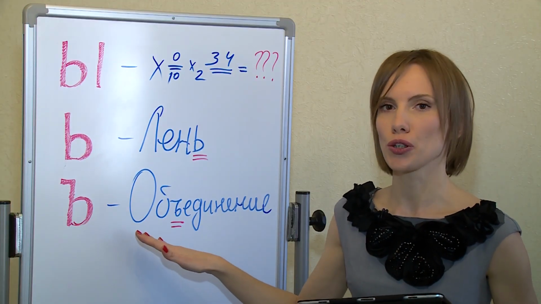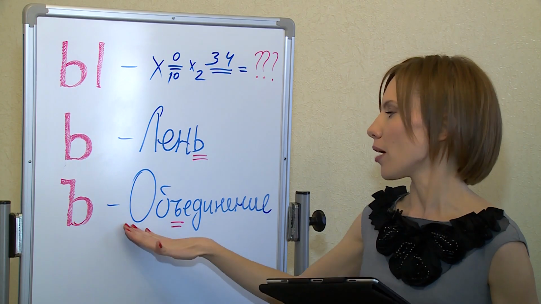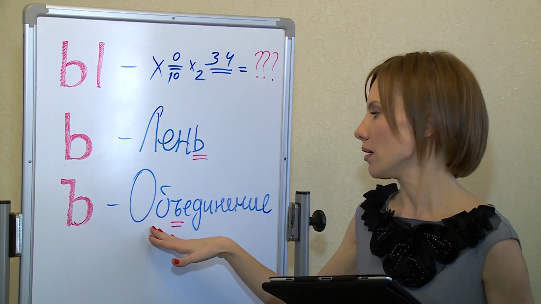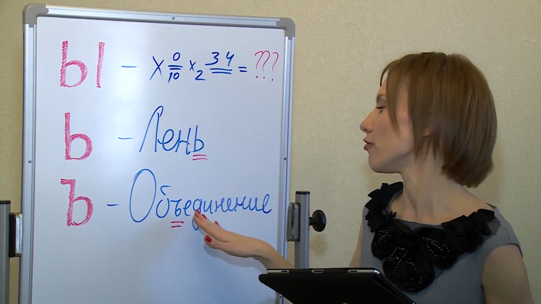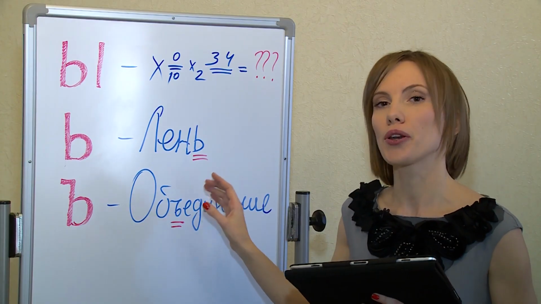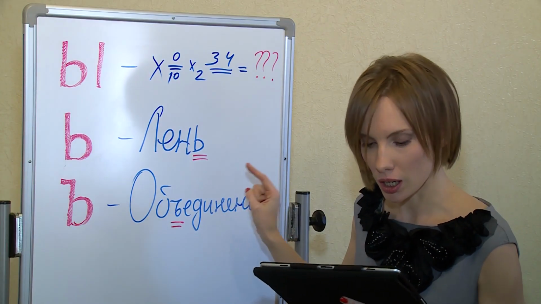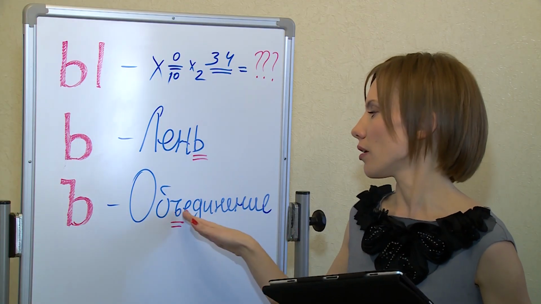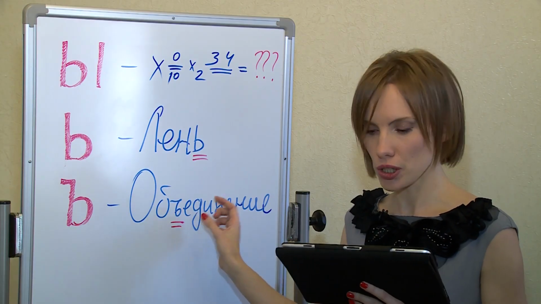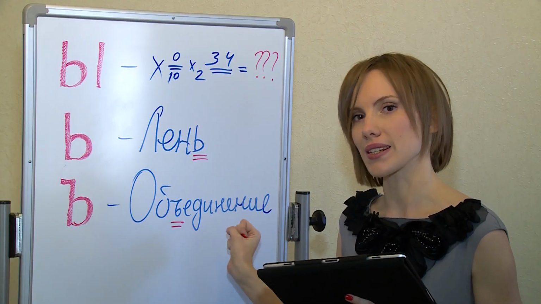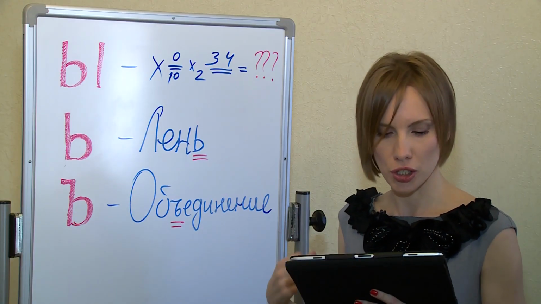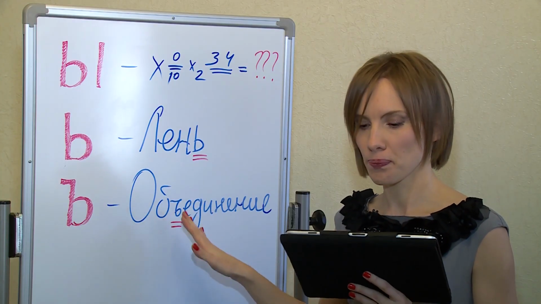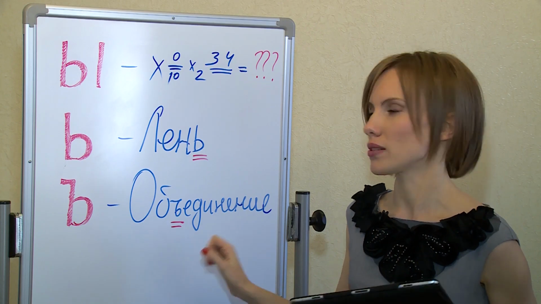Hard sign. The Russian word union, объединение, has a hard sign in between the consonant B and the vowel E. Because it is in between those two, it separates them. Without the hard sign, they would be together as a glide, which makes a single syllable sound, which if read this way, will change the meaning of the word.